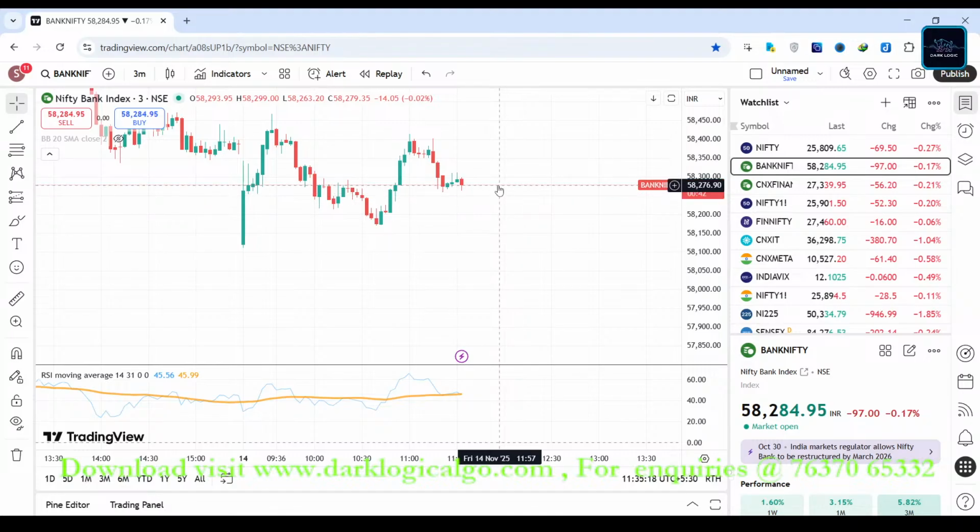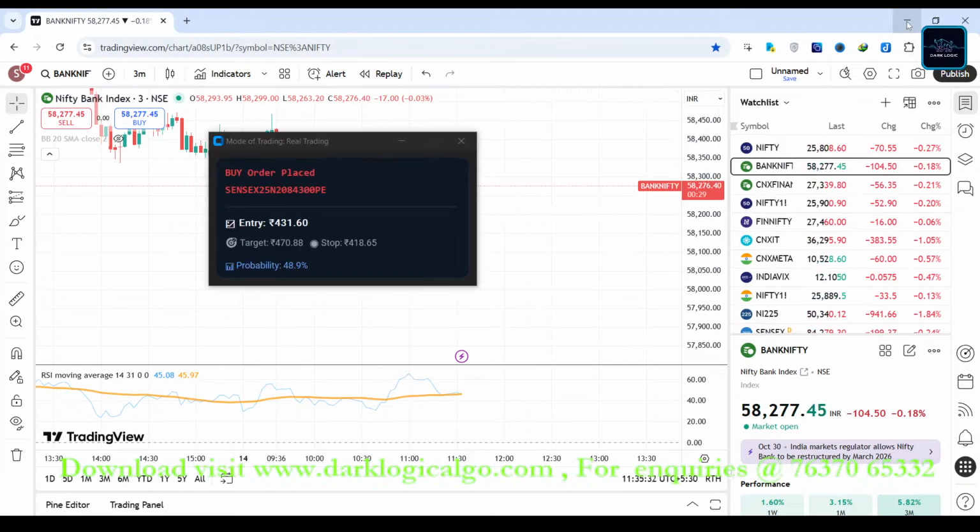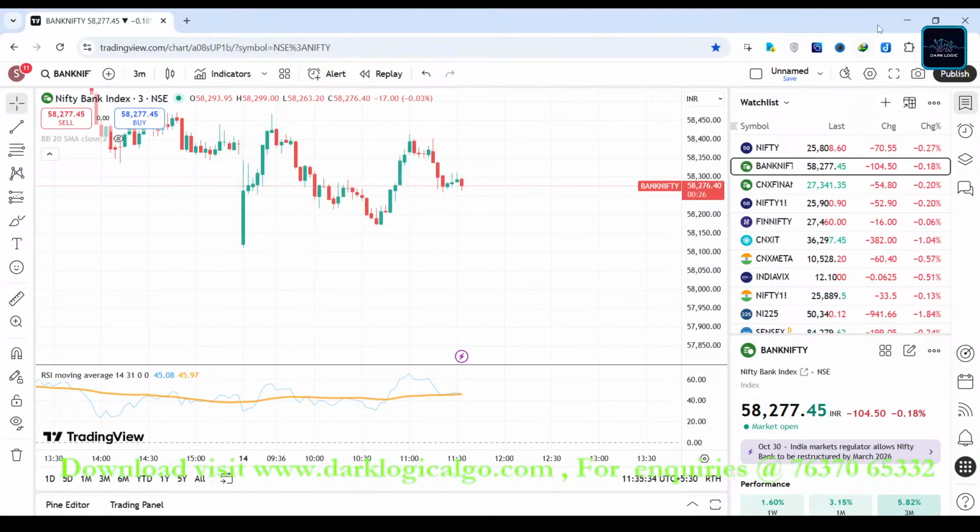You can see still the market has no momentum, but the option price is so volatile.